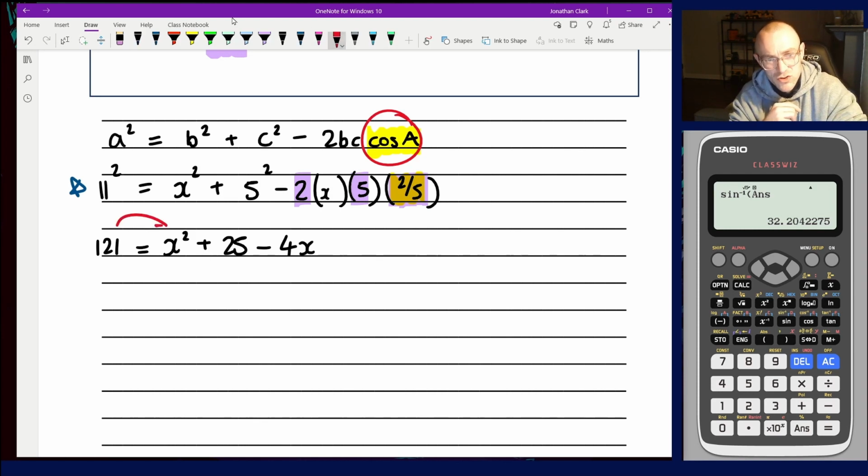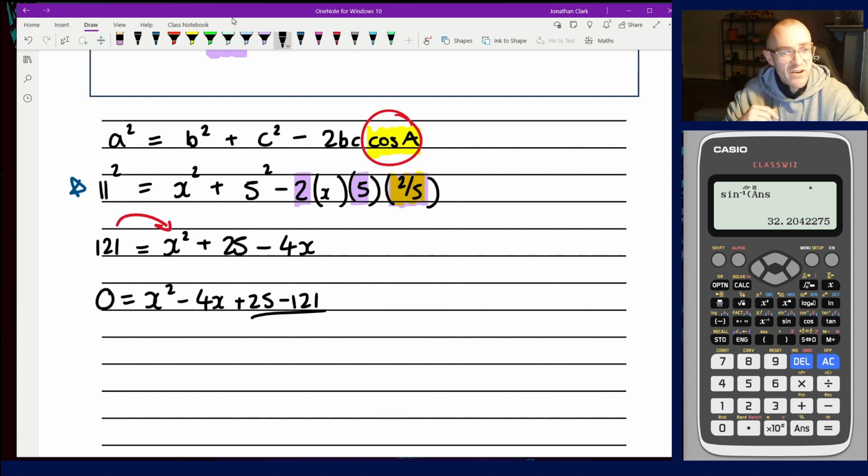If I take the 121 over to the right side of the equation and write it with leading terms, 25 take away 121 is minus 96. So I've reasonably quickly got to a quadratic equation.